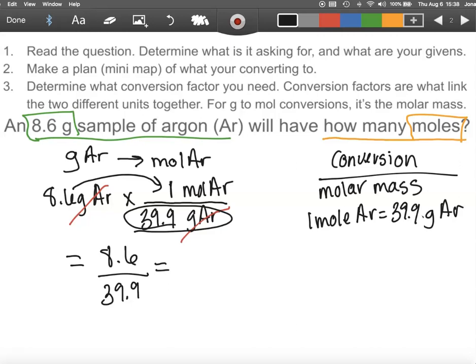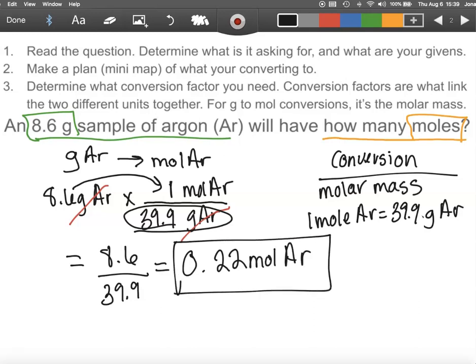Bring together down on the bottom, which is 39.9. We have to divide these two now. This is a division problem right here. So in your calculator, you have 8.6 divided by 39.9. I got, to two significant figures, 0.22 moles of argon are in this sample.